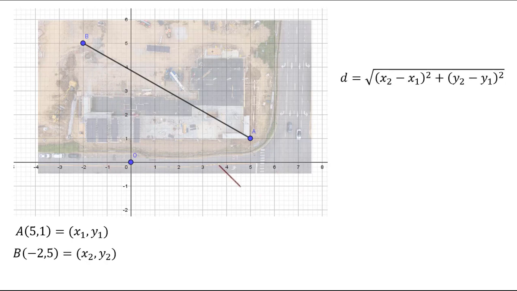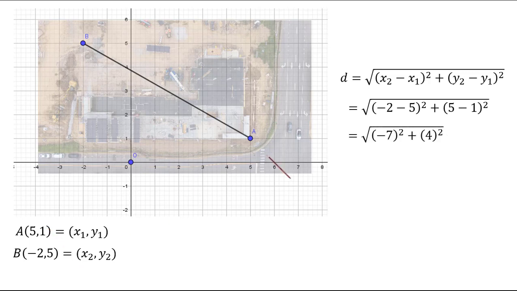And by using the distance formula, which is the square root of (x2 minus x1) the whole squared plus (y2 minus y1) the whole squared, we substitute the numbers: (-2 minus 5) the whole squared plus (5 minus 1) the whole squared, which is the square root of (-7) squared plus 4 squared, which is the square root of 49 plus 16, which is the square root of 65, which is about 8.062.